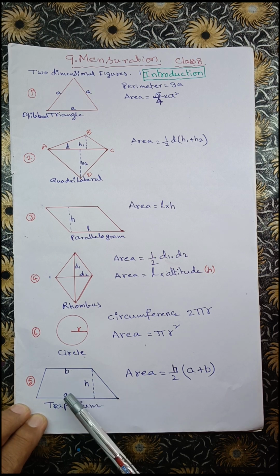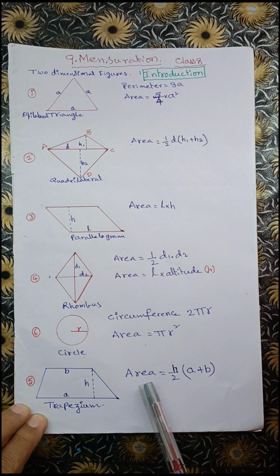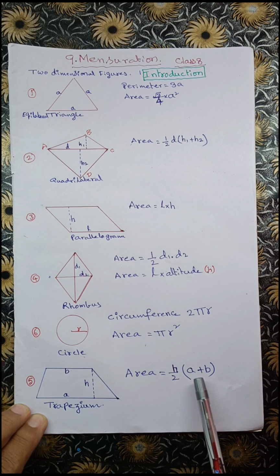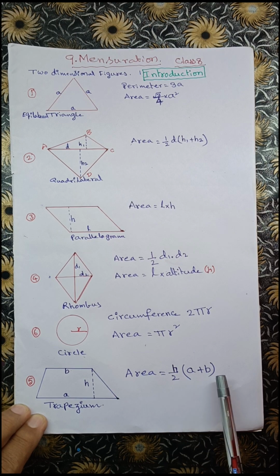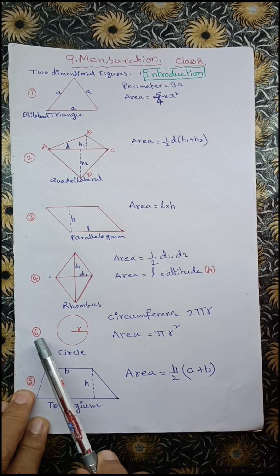These parallel sides are A and B. The distance between parallel sides is H. Then area is equal to H by 2 into A plus B.